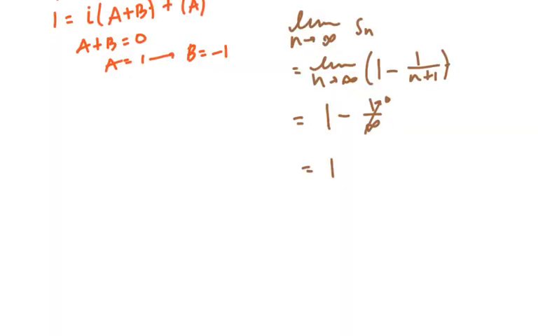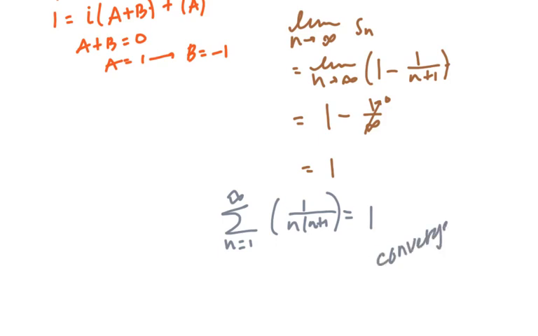So let's come back to here. This tells me that the sum from n equals 1 to infinity of 1 over n times n plus 1 equals 1. So it's convergent, and the sum is 1.